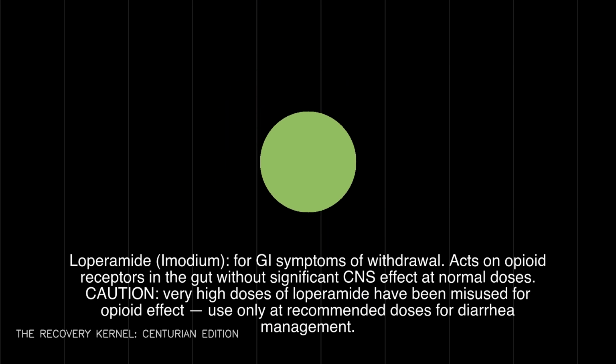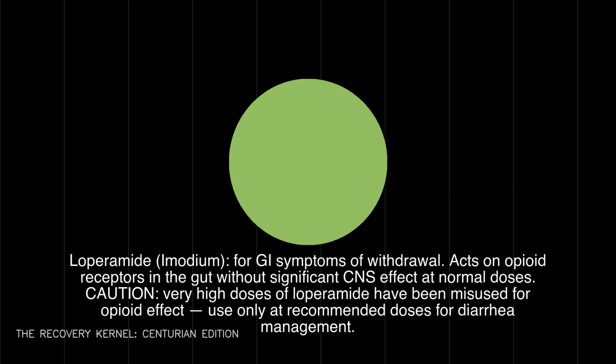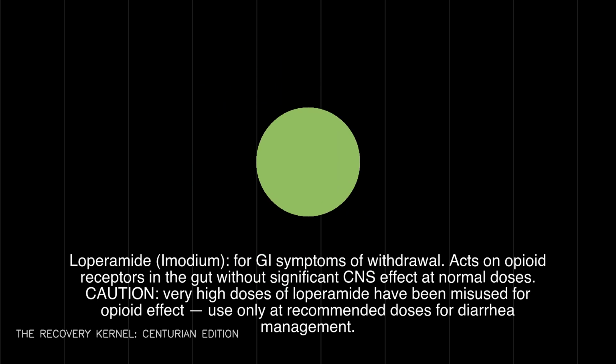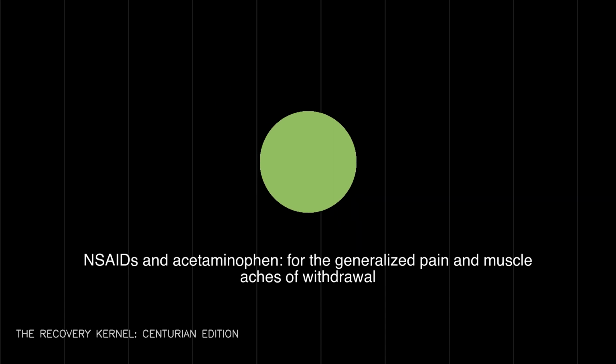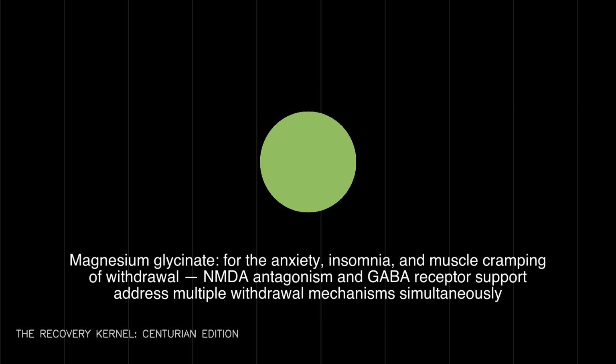Magnesium glycinate, for the anxiety, insomnia, and muscle cramping of withdrawal. NMDA antagonism and GABA receptor support address multiple withdrawal mechanisms simultaneously. Hydroxyzine, a non-addictive antihistamine with anxiolytic properties, supports sleep and anxiety during withdrawal without adding addiction risk.